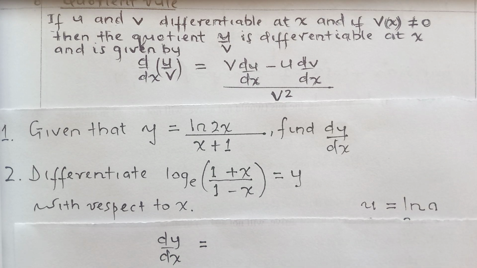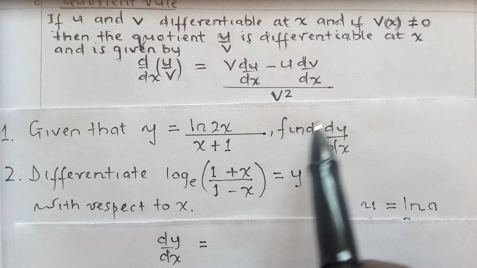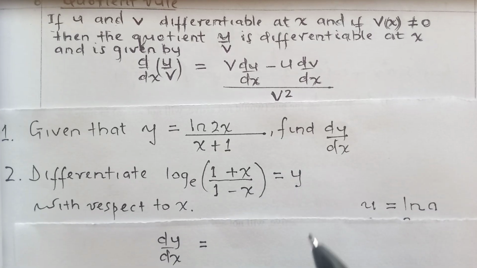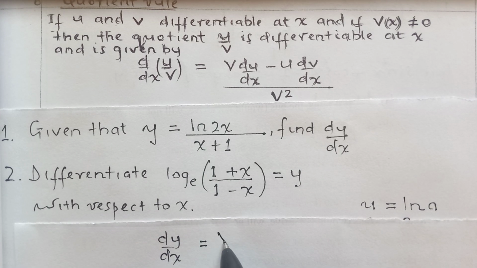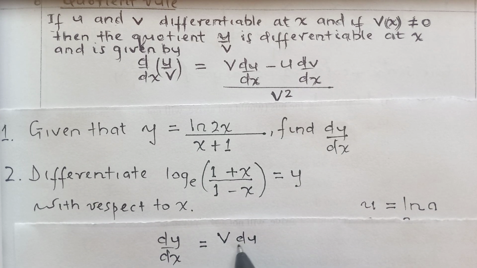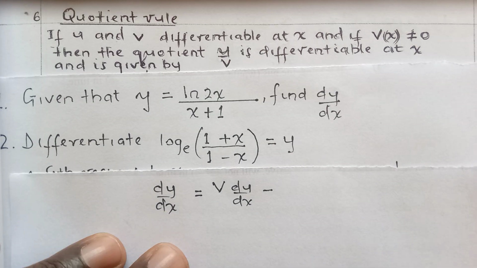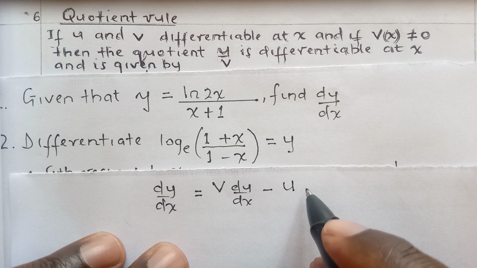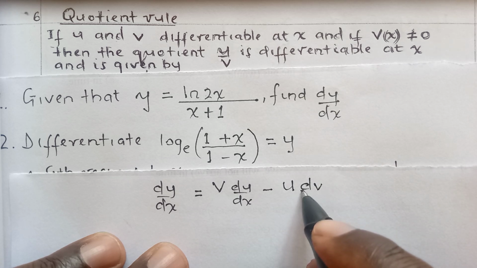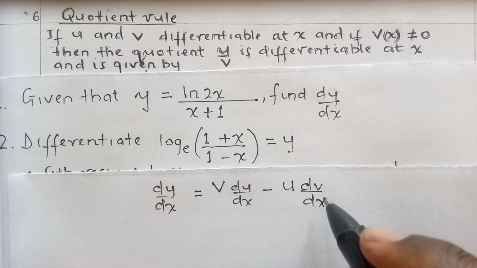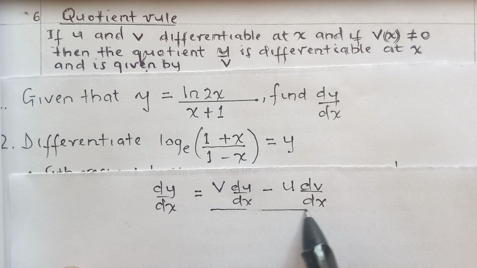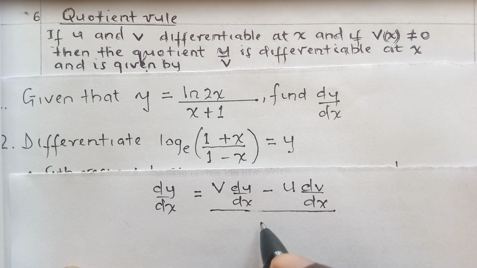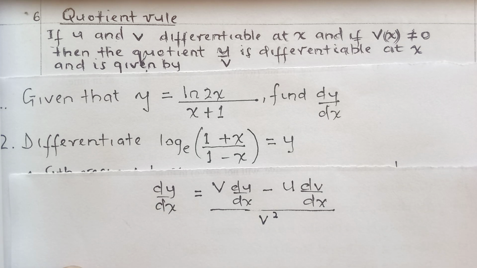Now using this formula, we are going to have, maybe I can still write it again, v du dx minus u dv dx, divided by v squared.